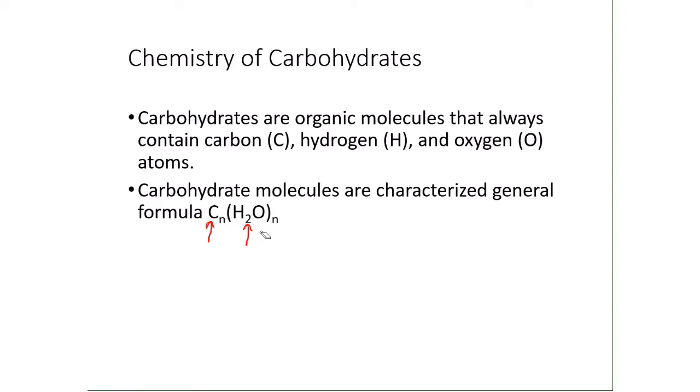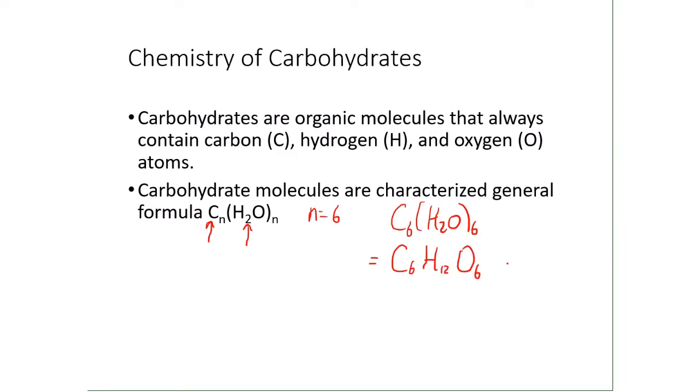This is a generic formula for carbohydrates, where n is any whole number. If n is 6, then we would have C6(H2O)6, and we can put the 6 into the bracket. So we have C6H12O6, 6 times 2 gives you 12, and 6 times 1 gives you 6.